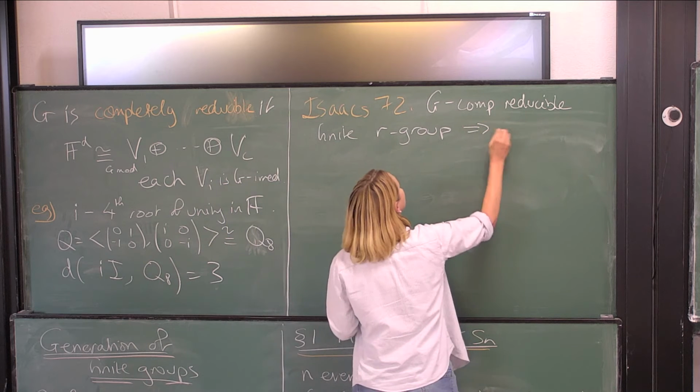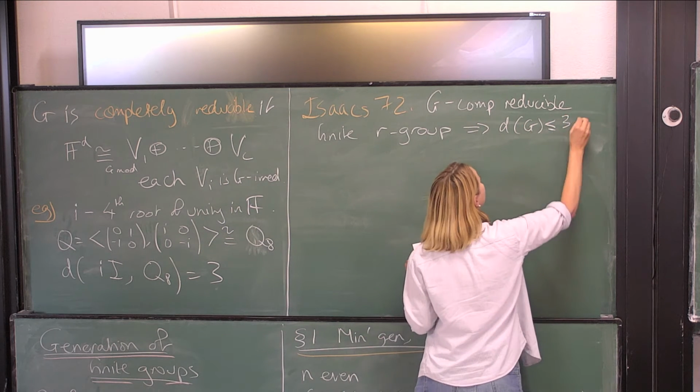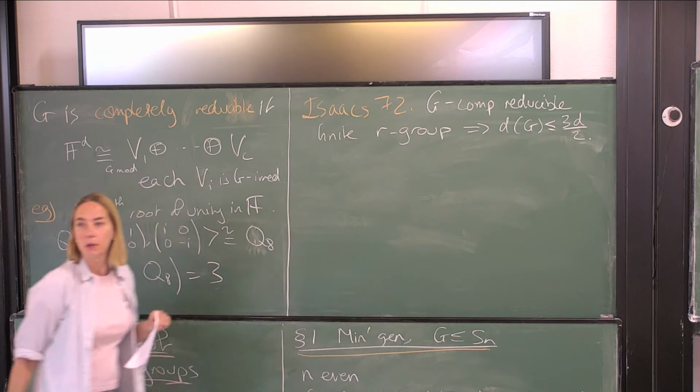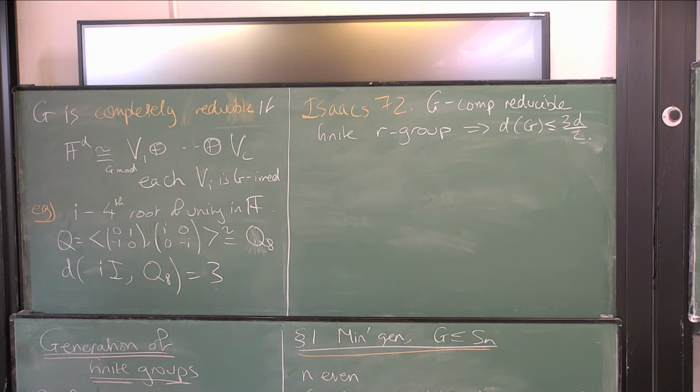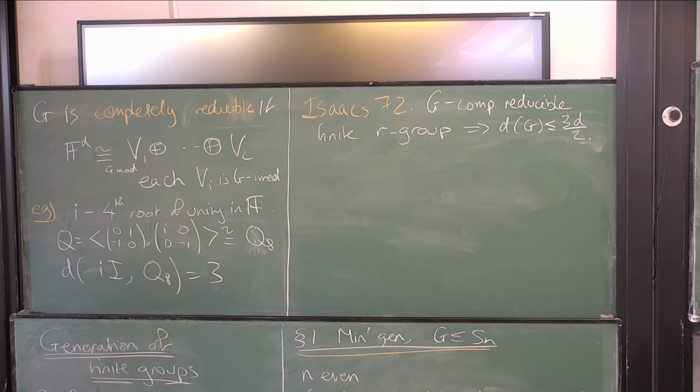Then in fact, the minimal number of generators of G is less than or equal to 3d/2, which is exactly the number that you would get from copying this one. Here your field could be anybody of characteristic different from 2, right? In your example. Well, you need a fourth root of unity, so I can't do it in any field. Ah, right, and 3 as well. On finite fields, I need a fourth root of unity, which I don't always have. So yes, I can't do it in characteristic 2, and I can't do it if q is congruent to 3 mod 4.